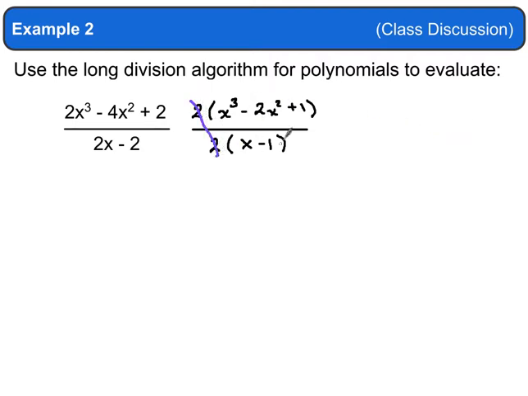And so really I'm going to divide this problem here, which is going to be much nicer if you recognize it. So we're going to write x minus 1, and we're going to divide that into x to the third minus 2x squared, and then plus 1.